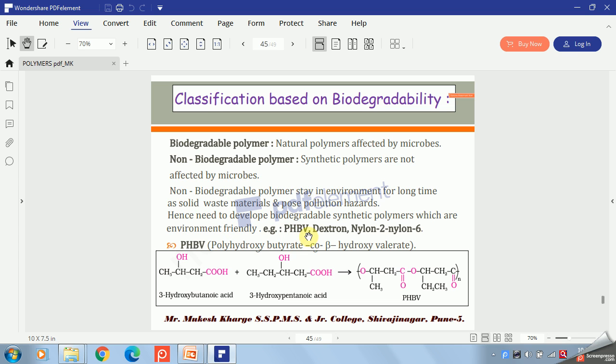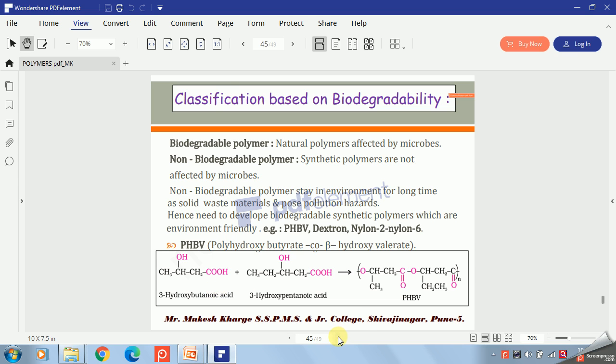Examples are PHBV, polyhydroxybutyrate-co-beta-hydroxyvalerate. This type of polymer is synthetic, but it is biodegradable and it is obtained when 3-hydroxybutanoic acid is combined with 3-hydroxypentanoic acid.